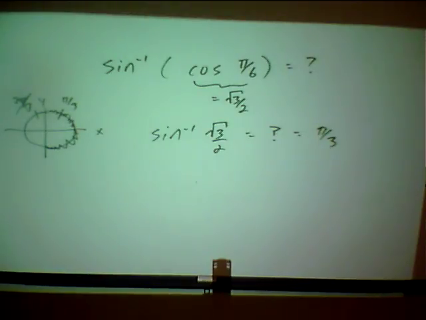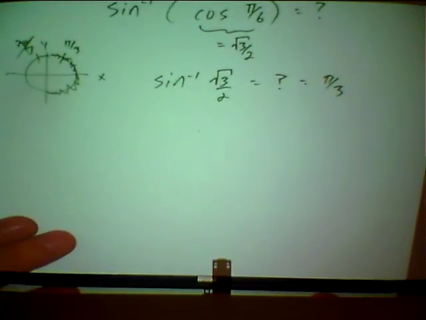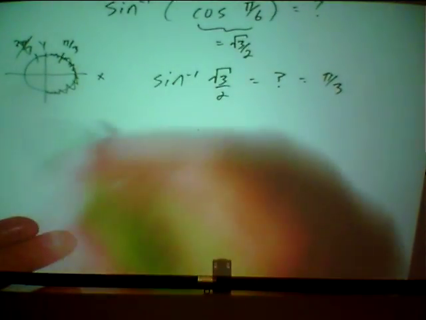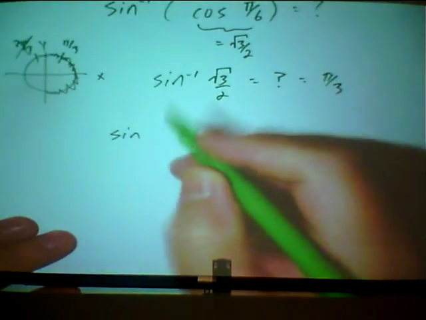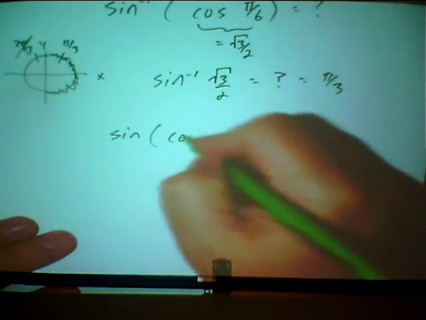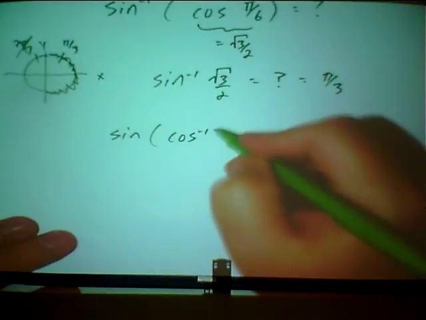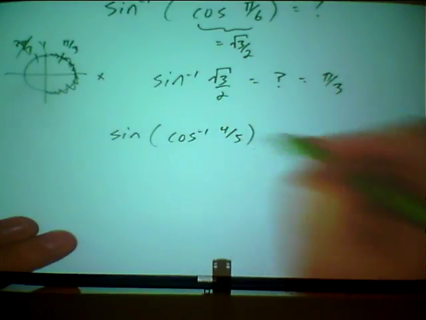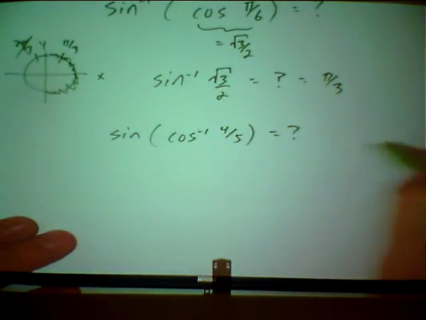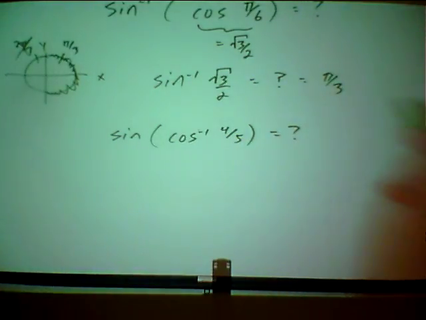All right, here's where it gets a little tricky. Let's just dive into one of these. Number 37 says the sine of the inverse cosine of 4/5. Now the problem is, the inverse cosine of 4/5 is not one of the values that I've memorized from the unit circle.